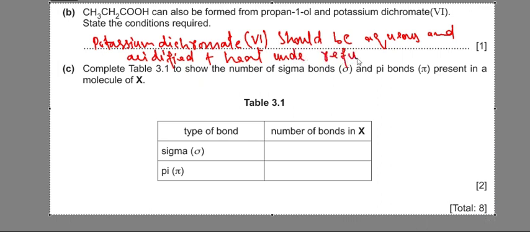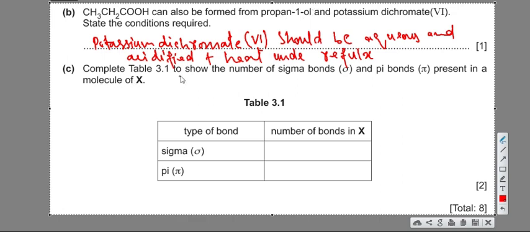Here reflux is more important than in the previous part. In the previous part you may skip it, but here you must use heat under reflux. This will confirm the complete oxidation, converting the primary alcohol into the acid.